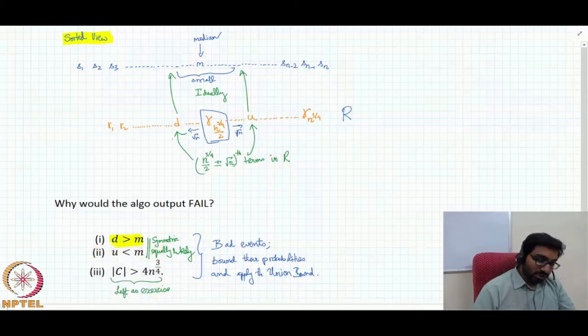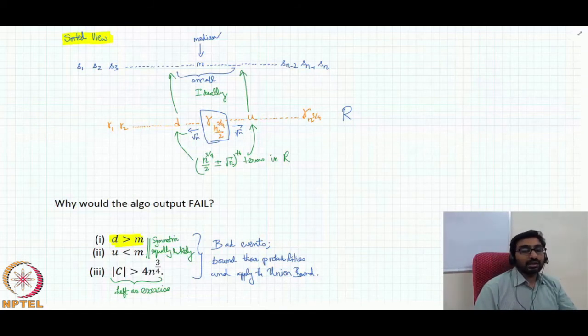The element D that we choose according to the algorithm turns out to be larger than M, meaning in the sorted view of S, D appears to the right of M. That would be a bad event, because what we wanted was D to be to the left of M and U to be to the right of M. Similarly, the second event captures the mirror image, where the bad event is that U is less than M, which means it appears to the left of M in the sorted view of S. So both of those are bad.